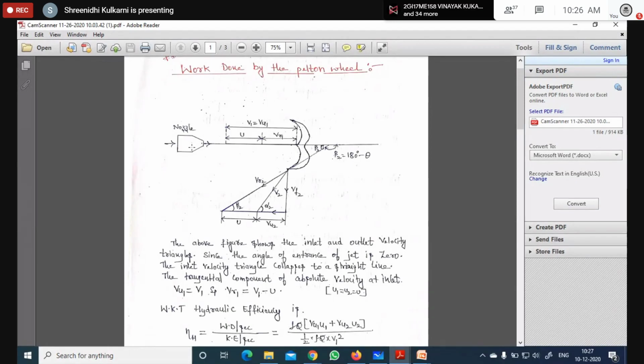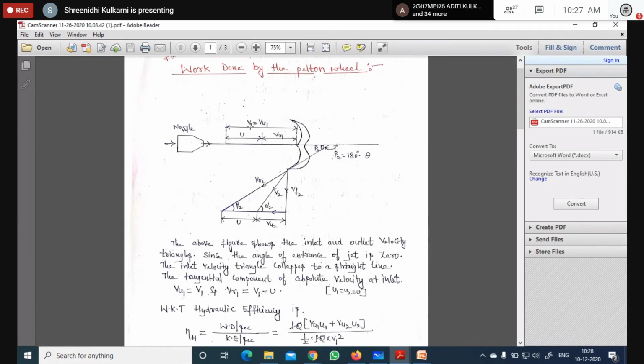So that's why the nozzle angle is 0. So the inlet velocity triangle collapses to a straight line. The tangential component of absolute velocity at inlet, Vu1, is equal to V1.